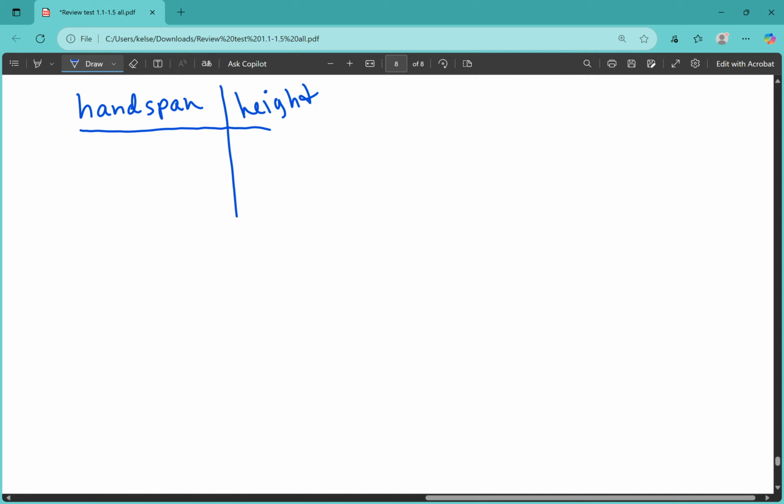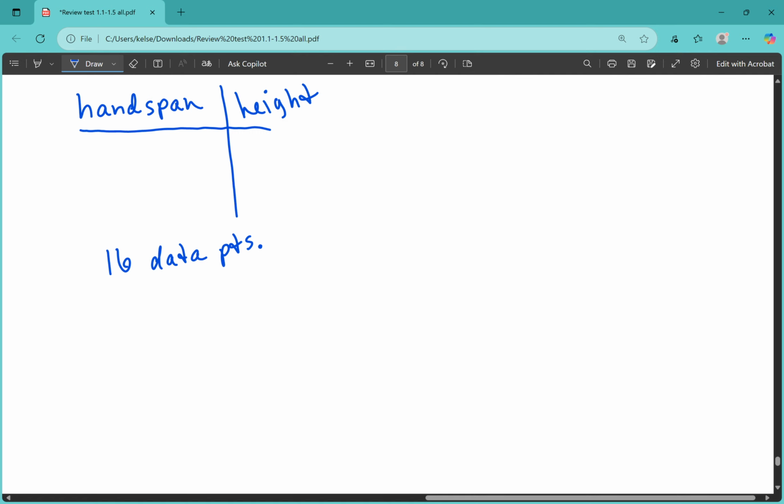Okay, so hand span and height. And you're going to need to get 16 data points. So 16 people. I will have a tape measure there for you in class. You can get everybody's hand span and height in the class. All right, and then go from there.